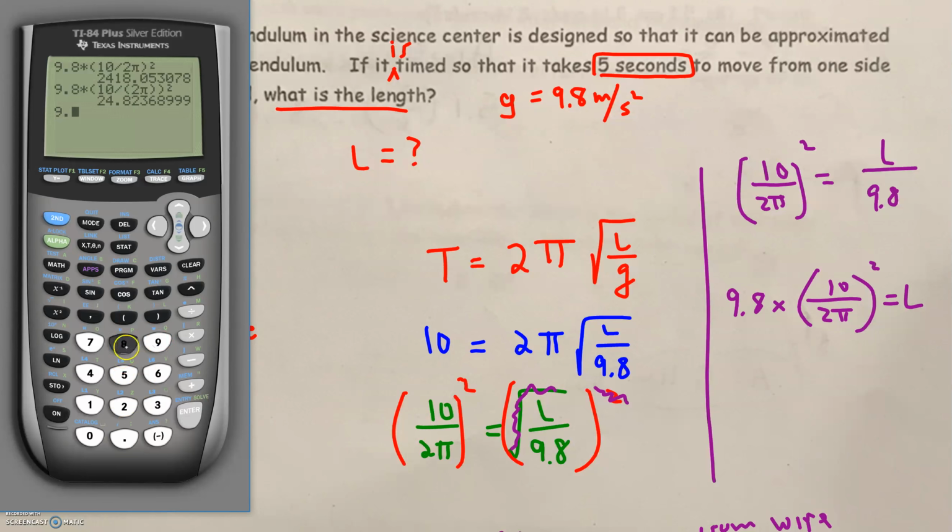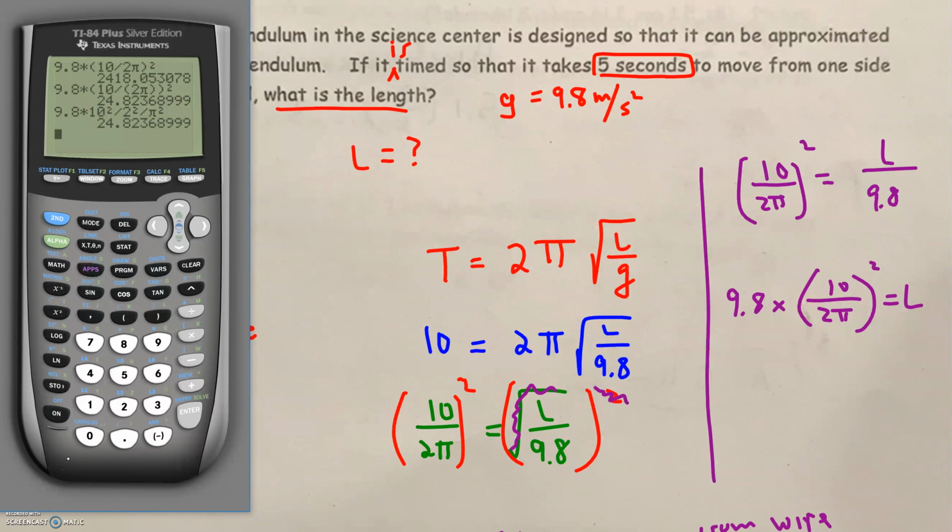The other way you could do this is to multiply by 10 squared, then divide by 2 squared. You could just type over 4. Then I'm going to divide also by pi squared. So I'm taking the 10 squared, I want it divided by 4, and I want it also divided by pi squared.